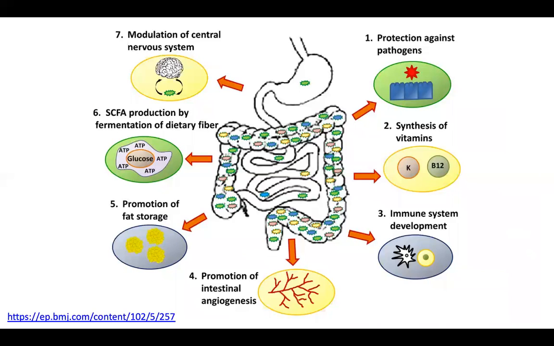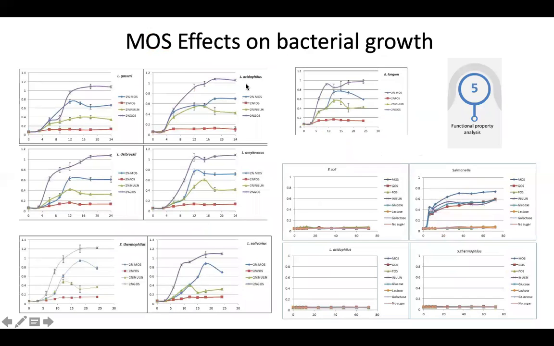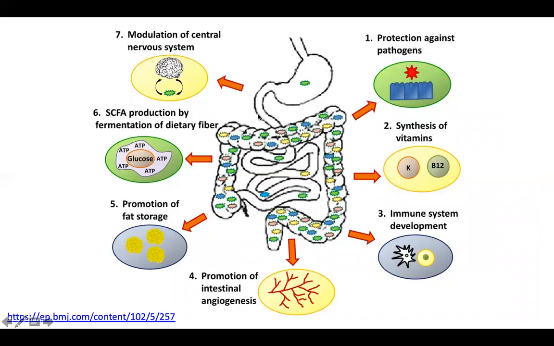And now, if you look at this picture, I mentioned before that prebiotics is the substance that can help the growth specifically of the probiotics. And these are the probiotics that we tested in our laboratory. And we show that these probiotics are the bacteria in the colon of humans.